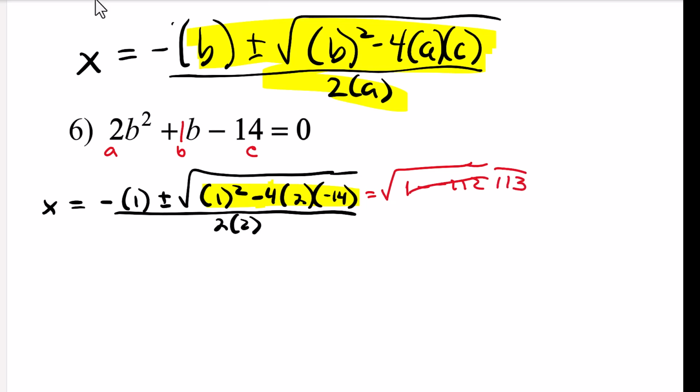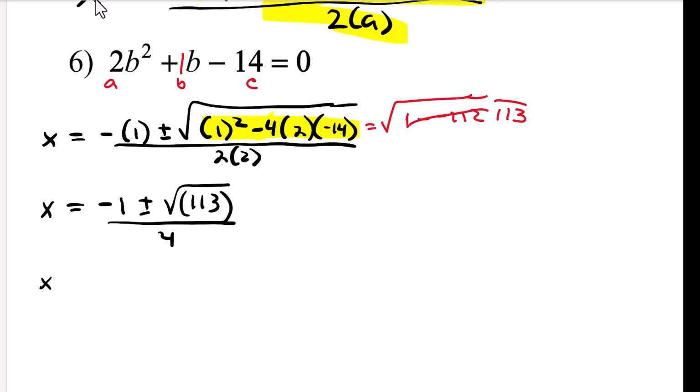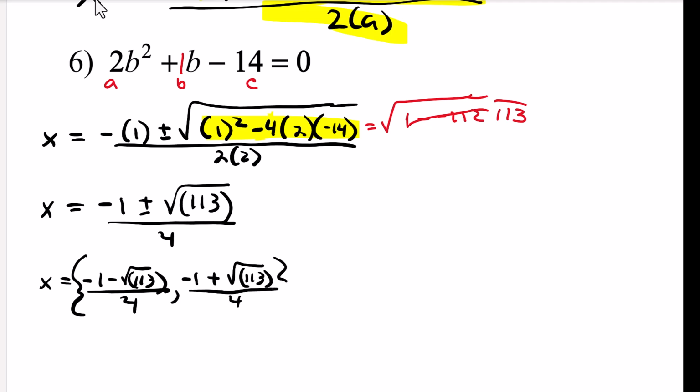All right. So negative 1 plus and minus square root of 113 all over 4. So that means our x is equal to negative 1 subtract root 113 divided by 4, and x is equal to negative 1 plus root 113 all divided by 4.